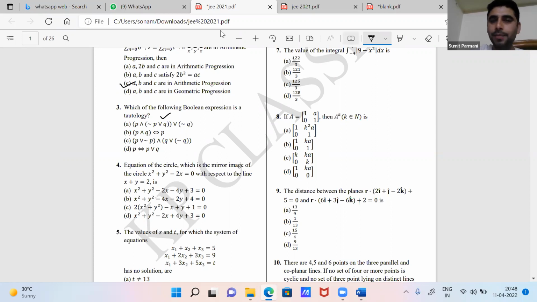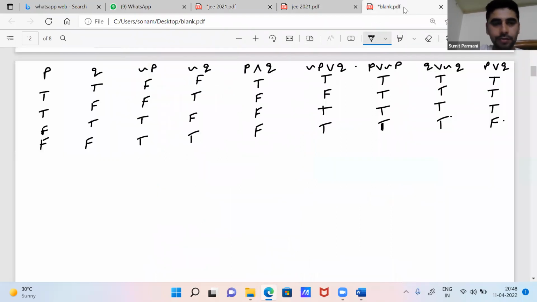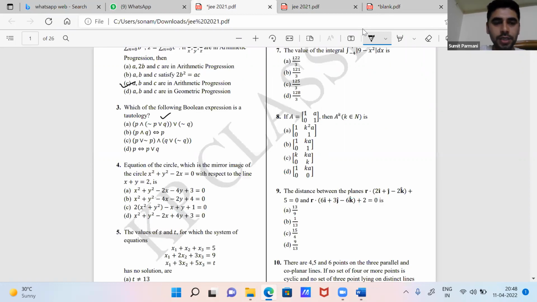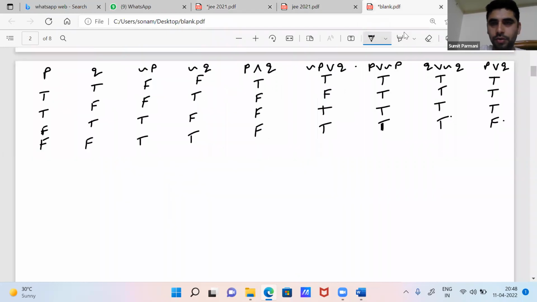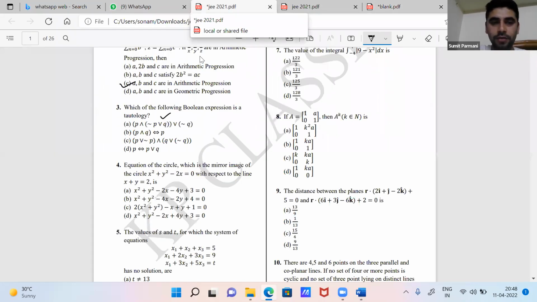Okay, so P double implication P or Q. If one of the two is false, then it is false. Otherwise, it is true. So option D is not the answer.